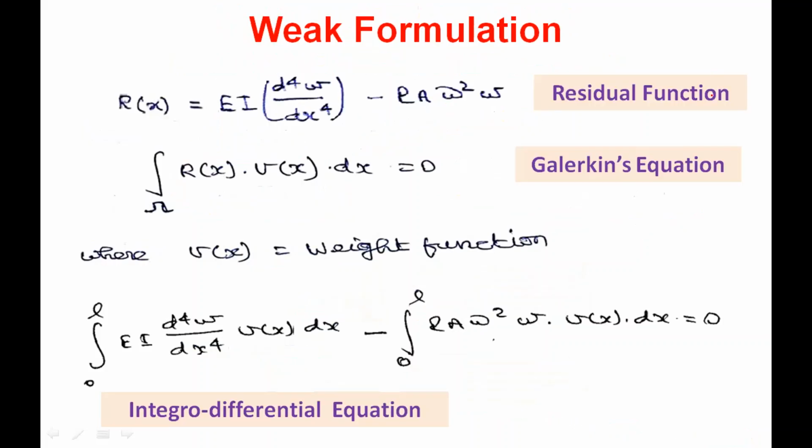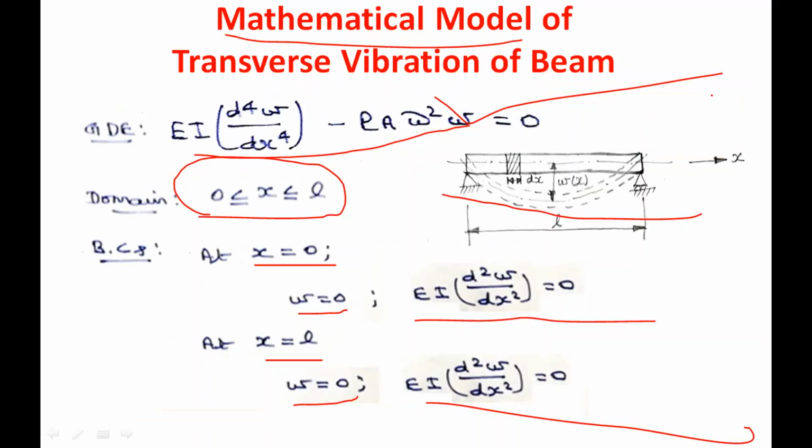For converting the governing differential equation into the element characteristic equation, first we have to reduce the order of differentiation in this governing differential equation. In this equation we have fourth order differentiation. That means if you want to solve the equation as it is, the minimum order of polynomial required is a fourth order polynomial.